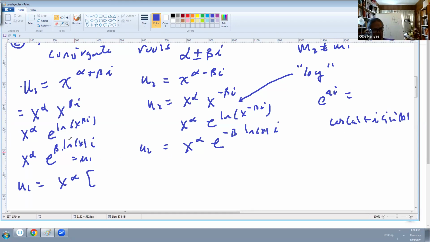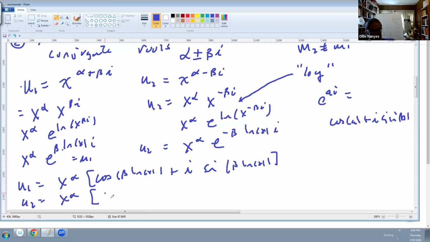Well, if we do that, then we're going to get cosine of beta log x plus i sine of beta log x, right? u2 is this, cosine of beta log x minus i sine of beta log x.